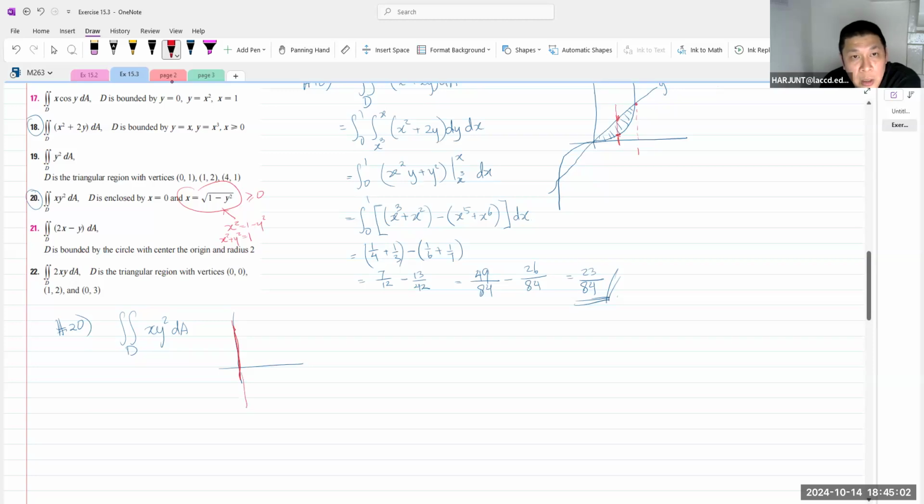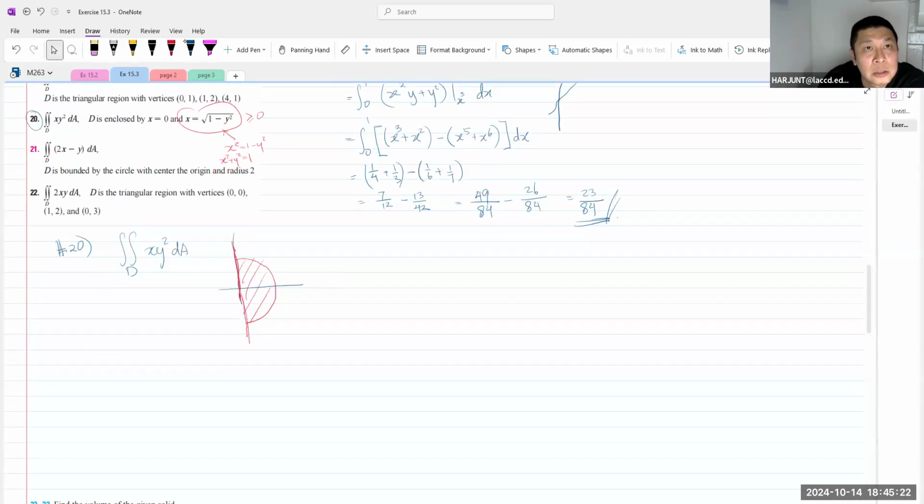It means we are dealing with this part. It's the equation of a unit circle, but only for x non-negative. So this is the region. How do we do this?